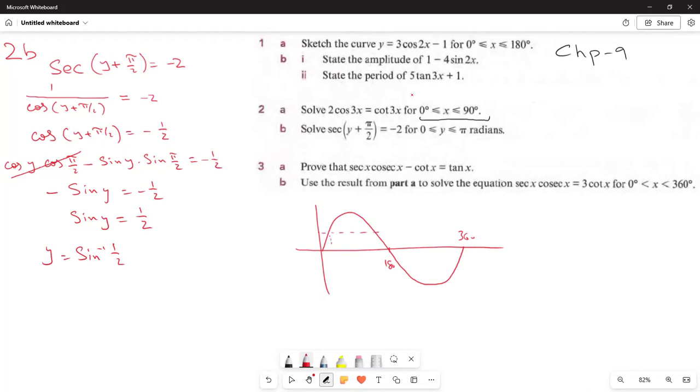One value is 30 degree and the other value is 150 degree. So the answer is 30 degree and 150 degree, and in radians it is going to be pi by 6 and 5 pi by 6.